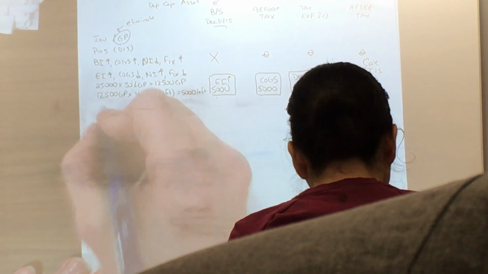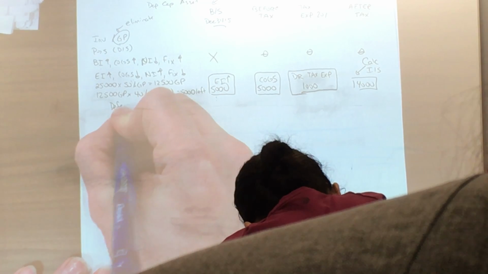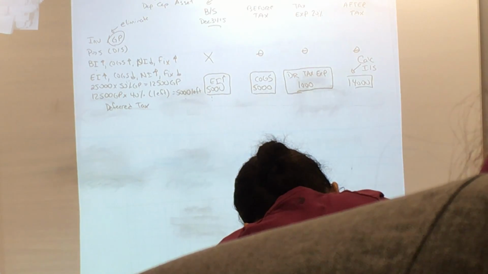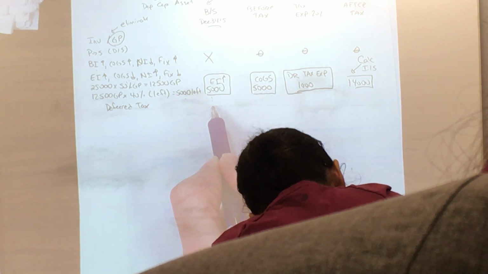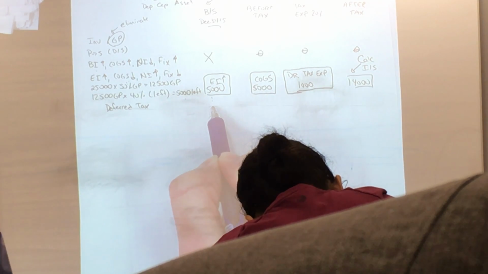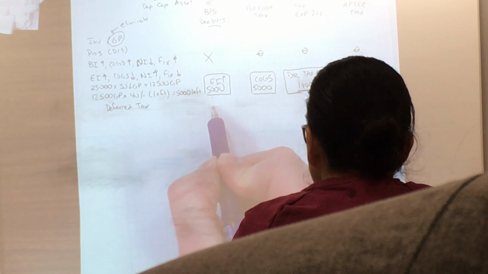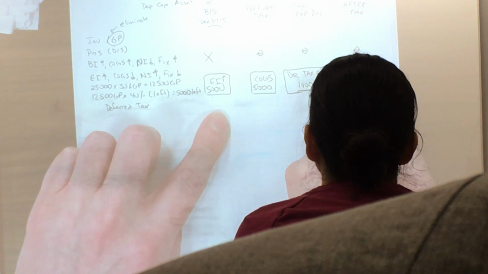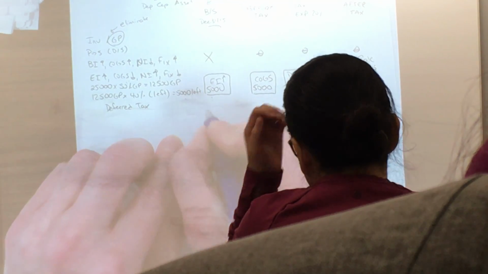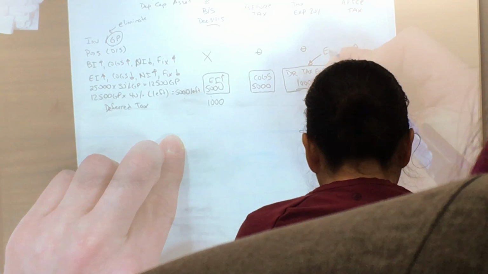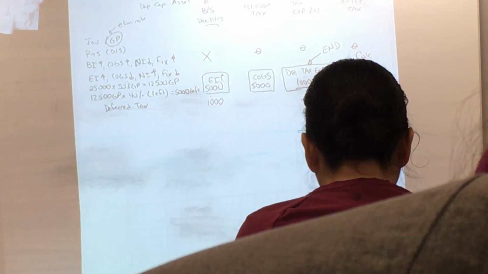Okay, one last thing that we need to include in here is our what? Deferred tax. So we have deferred tax. Deferred tax is found on which financial statement? Balance sheet. So we're gonna put it into this column. Now, which account is deferred tax related to? The tax expense. So which number do I grab here for the balance sheet? The tax expense of 1,000. Why? Because this was done at the end.